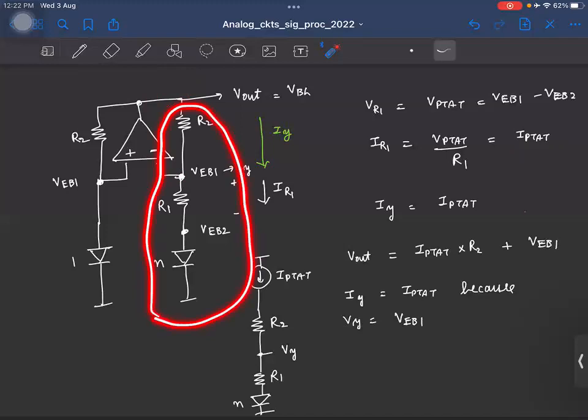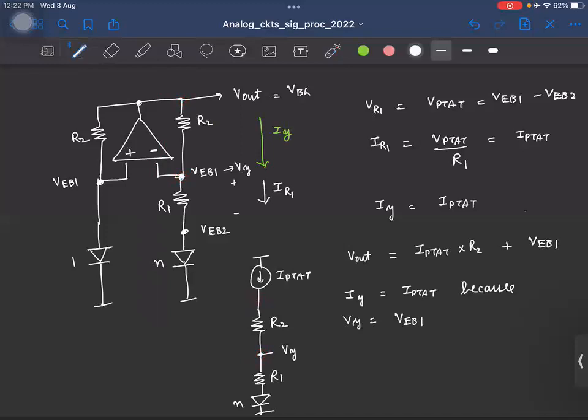So now can you comment on what this voltage will be equal to? No, please, I'm looking at the voltage here, right? If I have to draw a parallel, this point is this, right? This voltage is our V out voltage. VEB1. Is that clear? If you think about it, this voltage, if I call it some VZ, what is VZ?